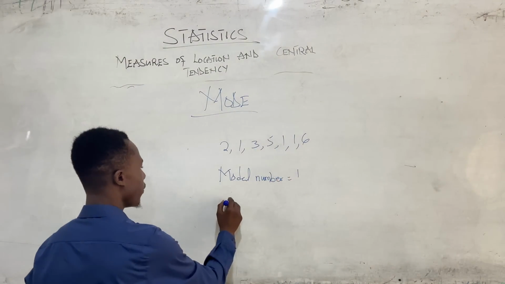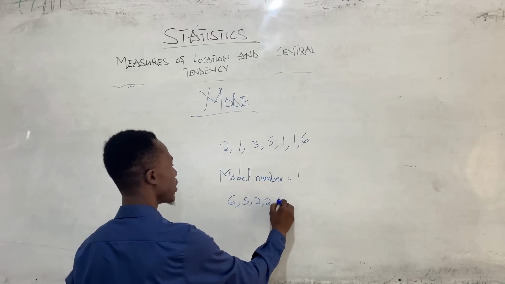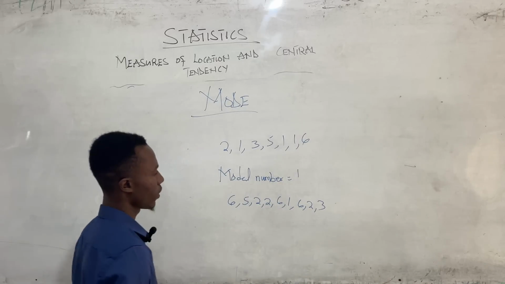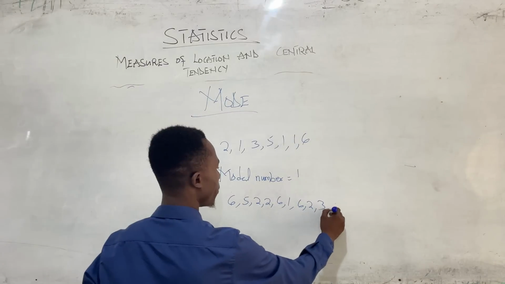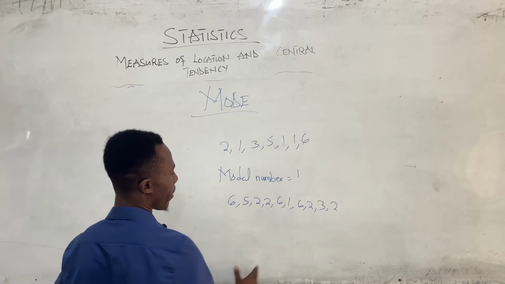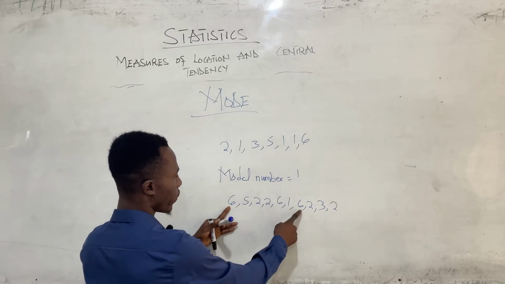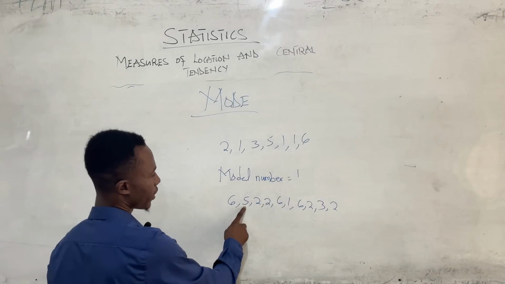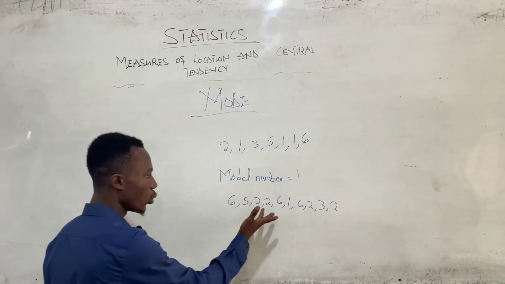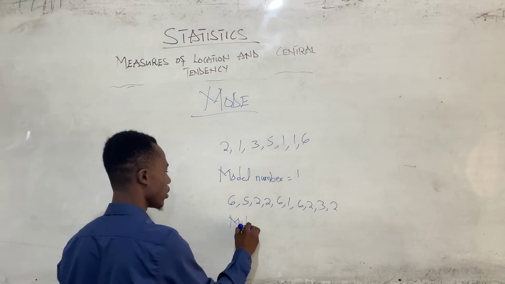Another example: if you have 6, 5, 2, 2, 6, 1, 6, 2, 3, and let me add another 2. If you look for the number with the highest appearance, 6 appears three times, 5 appears only once, and 2 appears four times. So 2 is the number with the highest frequency, and that becomes our mode.